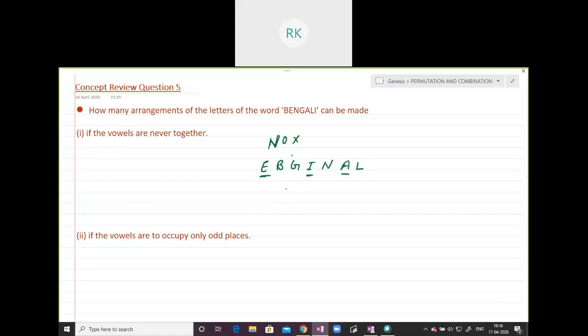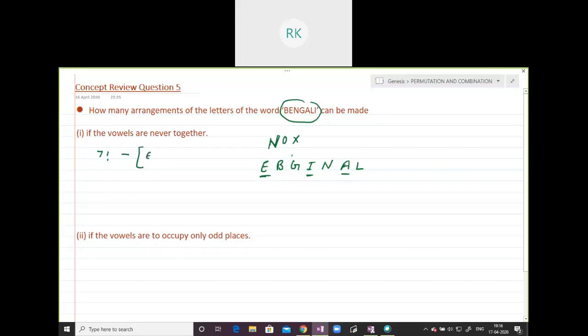How to find out? I'll find the complete number. How many ways can you arrange the word Bengali? How many letters altogether? 1, 2, 3, 4, 5, 6, 7. 7 factorial. Now minus the arrangements where the vowels are together. Keep the vowels all together here.